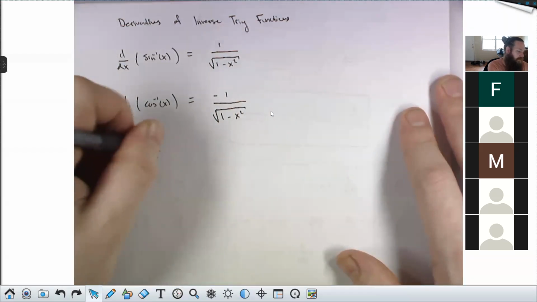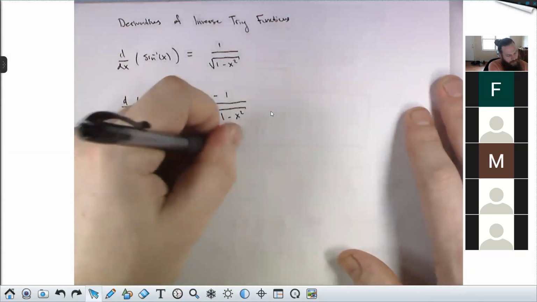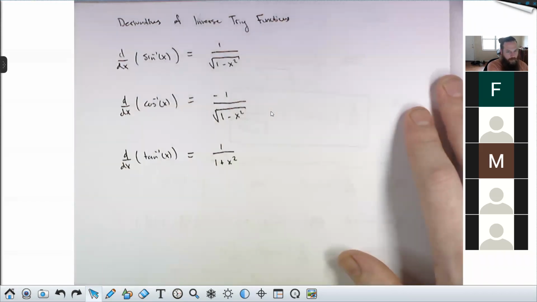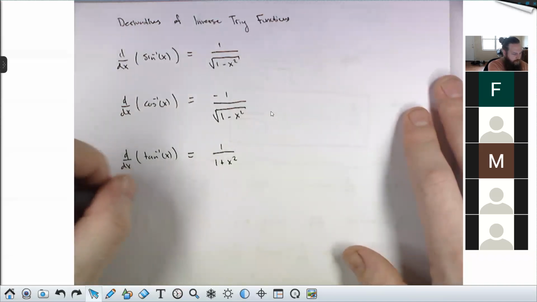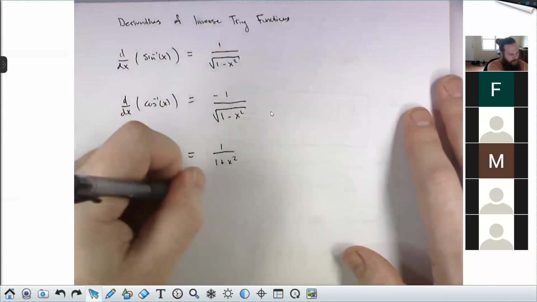The derivative of the inverse tangent of x is 1 over 1 plus x squared, or you can write it as 1 over x squared plus 1, whichever order you want downstairs is fine. The derivative of the inverse cotangent function is the negative of that.